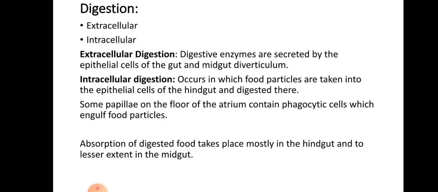Here you should remember that the enzymes secreted include amylase, lipase and proteases. Intracellular digestion mainly occurs because of the phagocytic cells found in the midgut diverticulum, and also some papillae on the floor of the atrium, which contain phagocytic cells that can engulf these food particles.